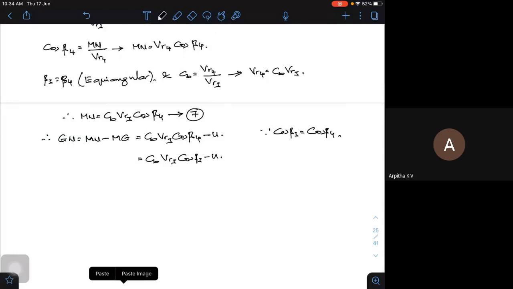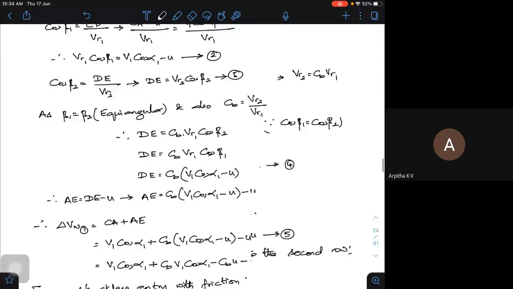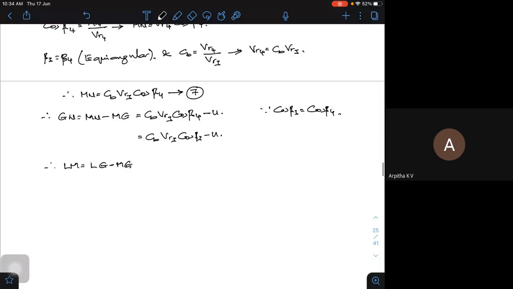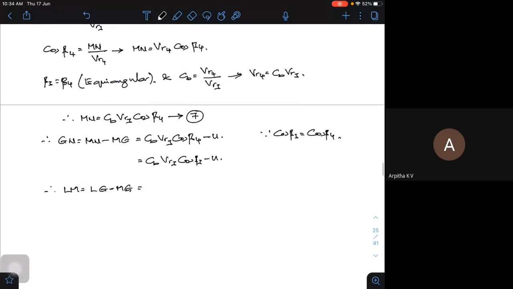So therefore, I can write LM is equal to LG minus MG, that is equal to VW3 minus U. Then what is your VW3?